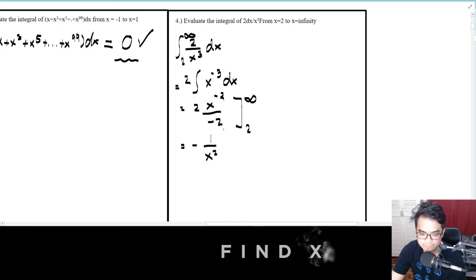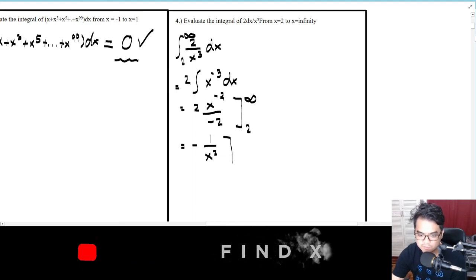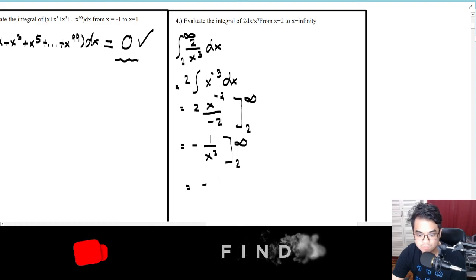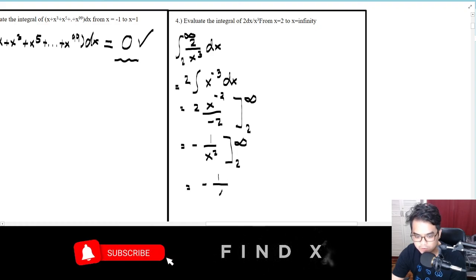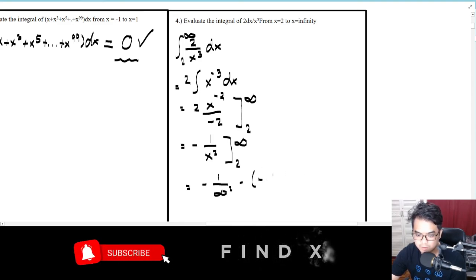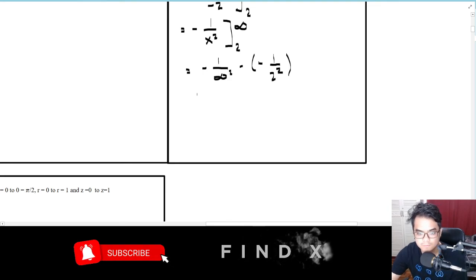I already brought down that x raised to negative 2, so the power is now positive, and this still has limits from 2 to infinity. Substituting, this is negative 1 over infinity squared minus negative 1 over 2 squared.